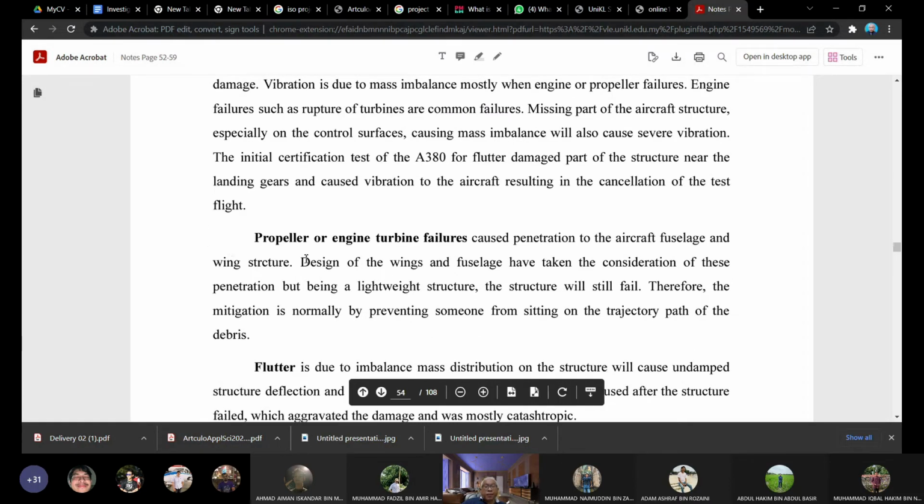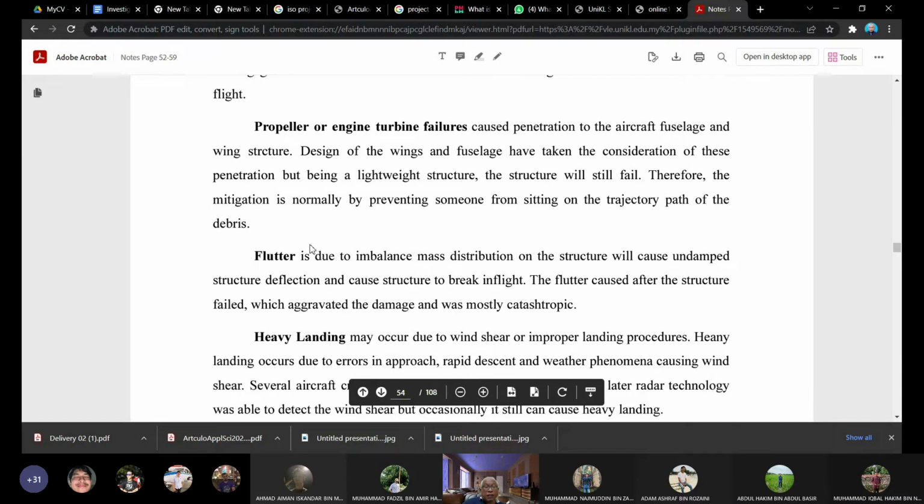Propeller engine failure, I have explained to you. Flutter is an imbalance of mass in the structure. You may also install a modification with certain components on the aircraft, and that can also cause vibration and flutter on the wing.